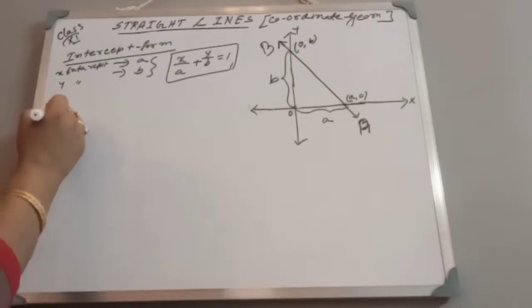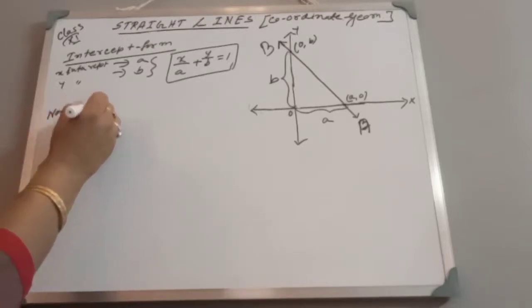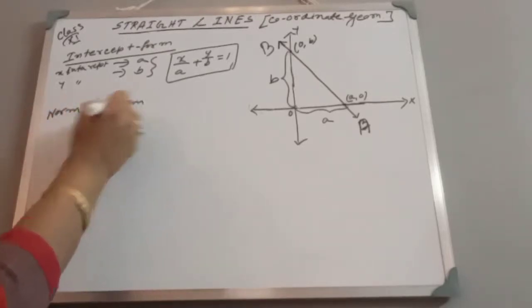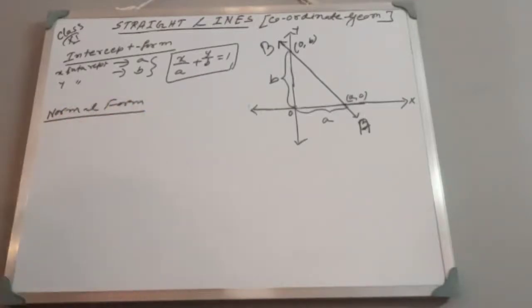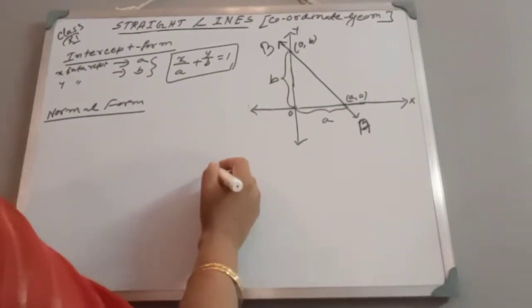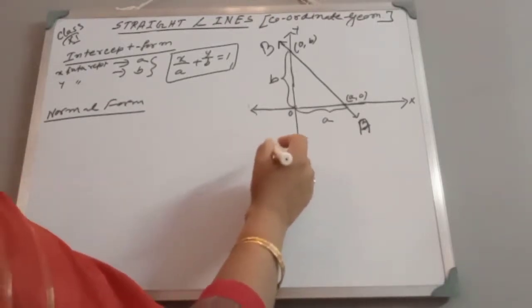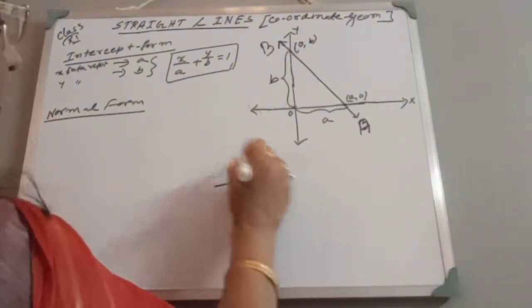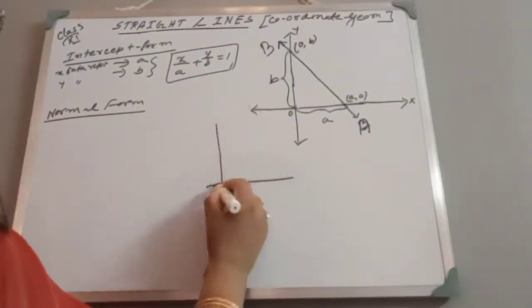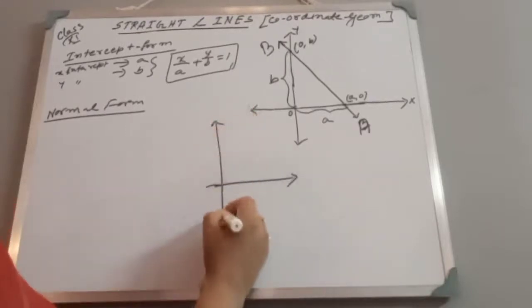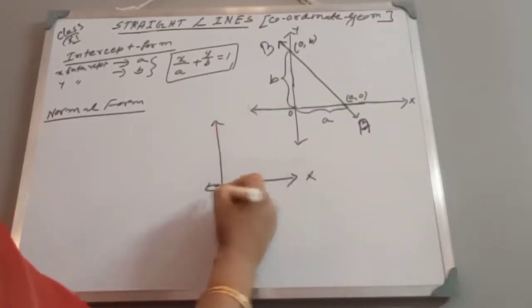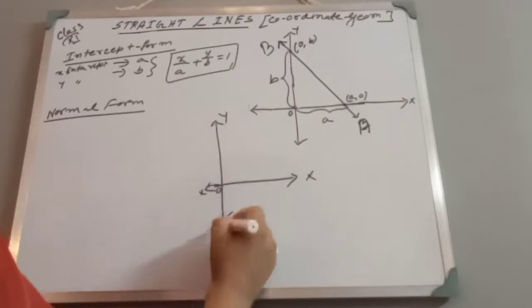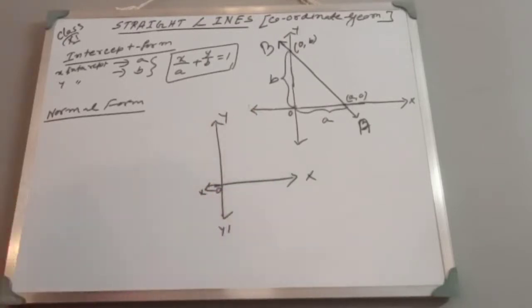Next is normal form. Let us draw again here. For normal form, XOX', YOY'.